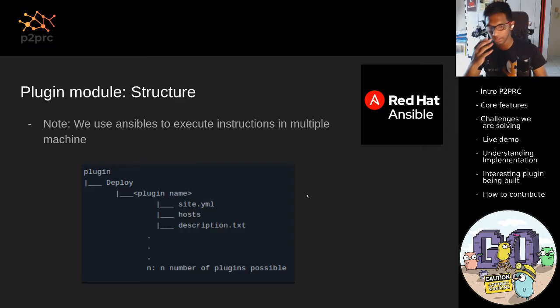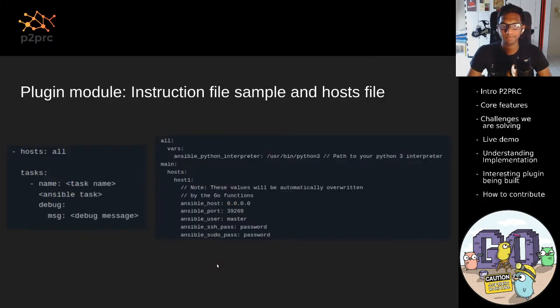And of course, you can have n number of possible plugins. You can say run Minecraft, maybe run Modern Warfare, have your own gaming servers, host websites, run some TensorFlow benchmarks, whatever is up to you. So this is our plugin module as an overview.